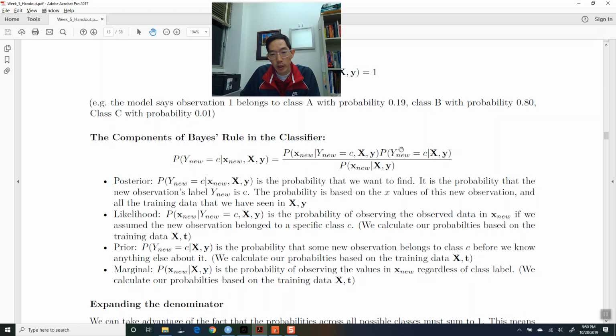This part, the Y nu given Y nu is equal to C, this is the prior, okay? So before we even look at anything in the X, it's just what's the probability that an observation is a cat or a dog or the bigger dog. This all depends on, you might have some prior information.